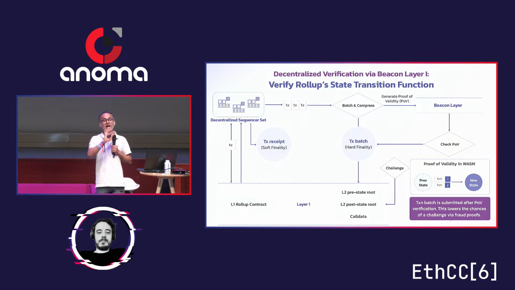So you move away from this AWS wrapper model to a much more open and decentralized model where the RAS vendor is not the only one allowed to operate the sequencers, but anyone can potentially do that as well. You could also use the beacon layer for different types of verification purposes.